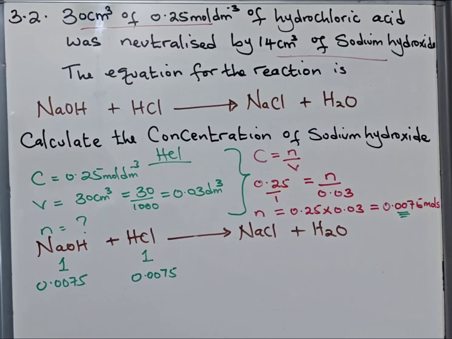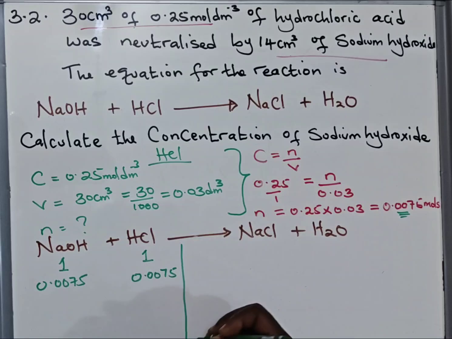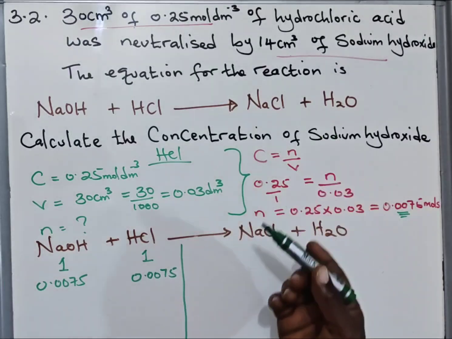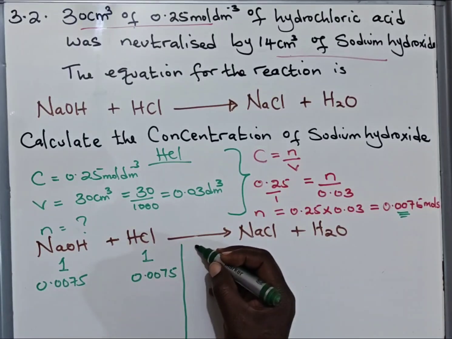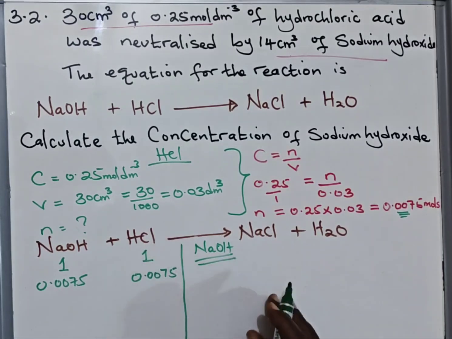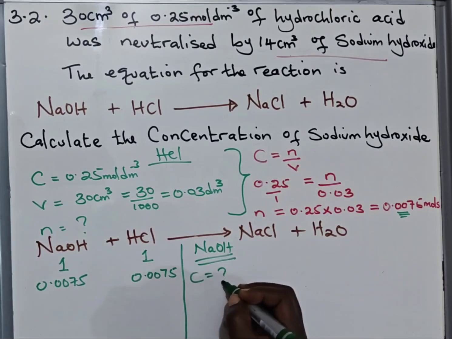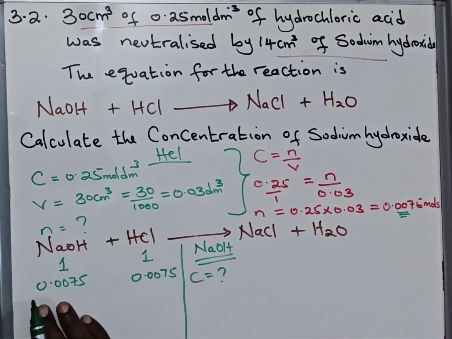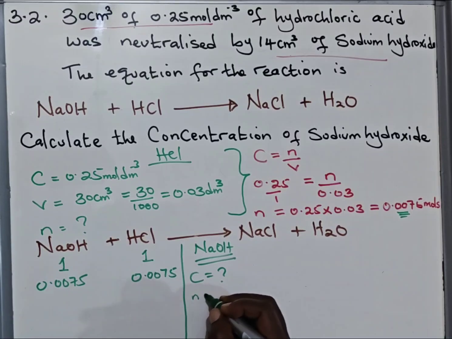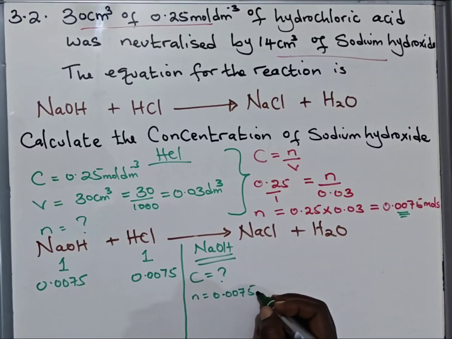So with this information, what do we do? You come here and list everything you know about our unknown. Our unknown is sodium hydroxide. We want concentration, so we don't know it. But now we know the number of moles which reacted, and they are 0.0075 moles.